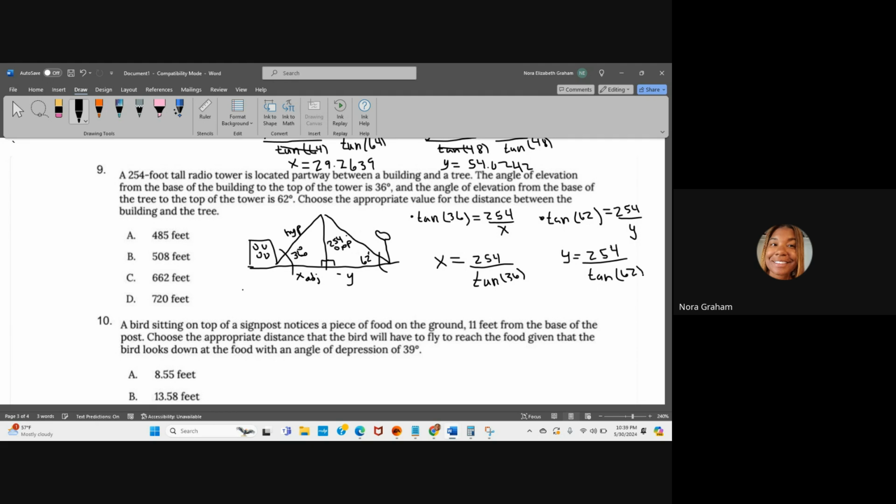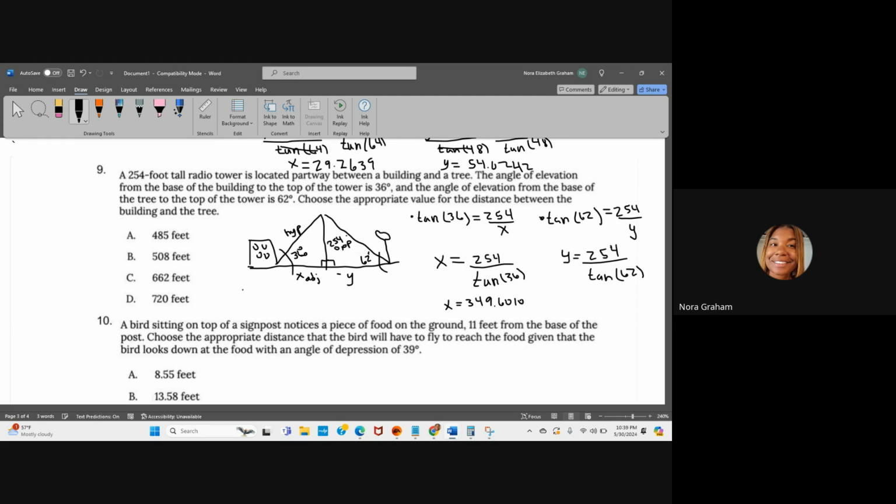Okay. We plug these into our calculator because now this is all calculator work. All right. So on my calculator for tan, I'm going to get 349.601.